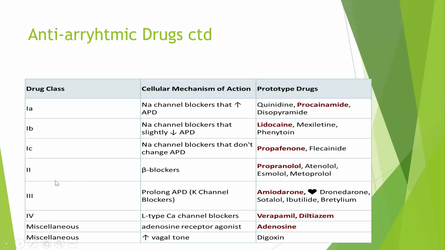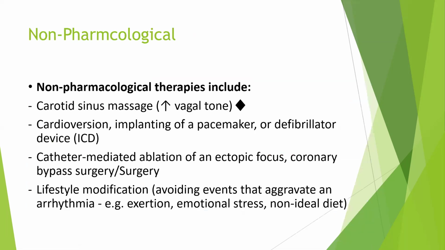We have class 2, the beta blockers, propranolol, esmolol, metoprolol, and we have the potassium channel blockers, the class 3, amiodarone. Like I mentioned, miscellaneous adenosine receptor agonist, adenosine, and digoxin helps to increase vagal tone, and they all belong to the miscellaneous group.